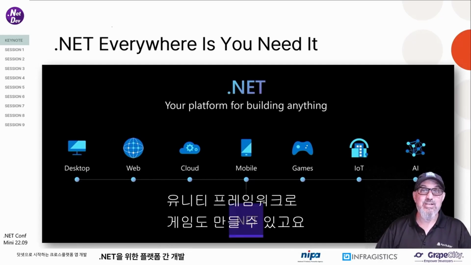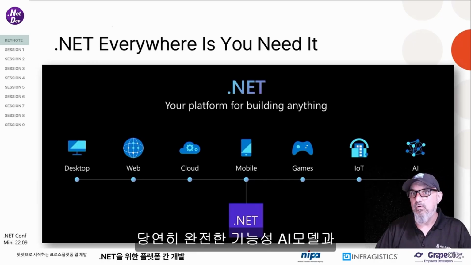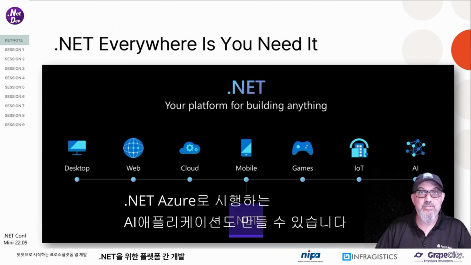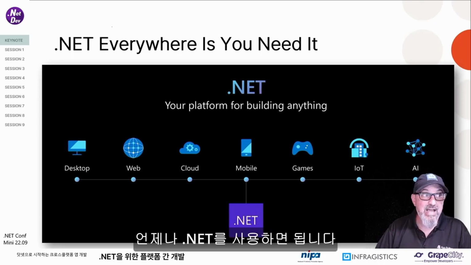You can build games with the Unity framework. You can build IoT apps that live on the edge on devices. And of course, you can build fully functional AI models and AI applications deployed to Azure with .NET. Anywhere that you are or anywhere that you want to deploy, you do have an option with .NET.